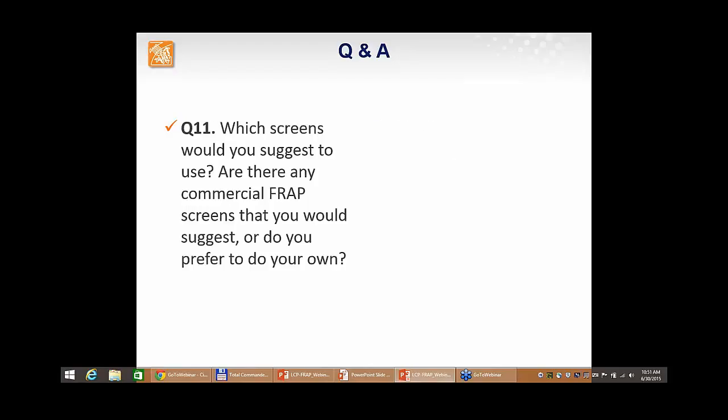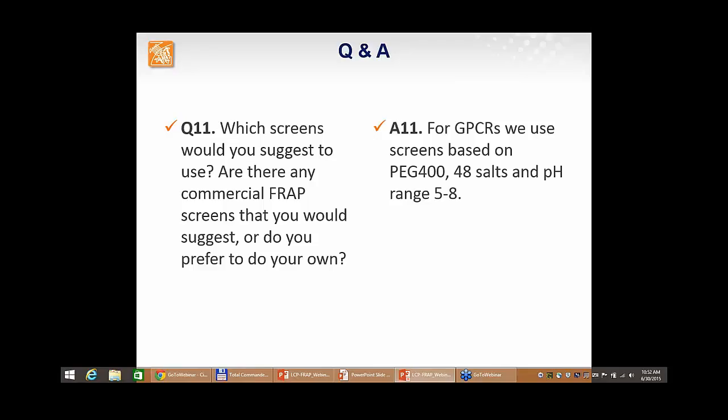Question number 11, which screens would you suggest to use? Are there any commercial FRAP screens that you would suggest, or do you prefer to do your own? For GPCRs we use screens based on PEG 400, 48 salts from Hampton stock options, and using a pH typically in the range of between 5 and 8.